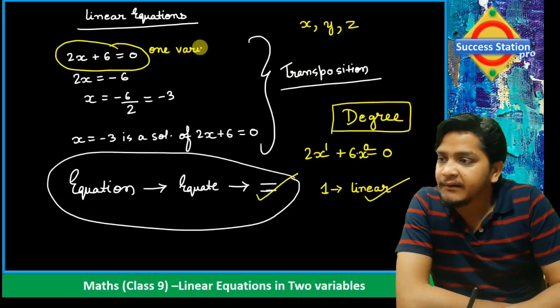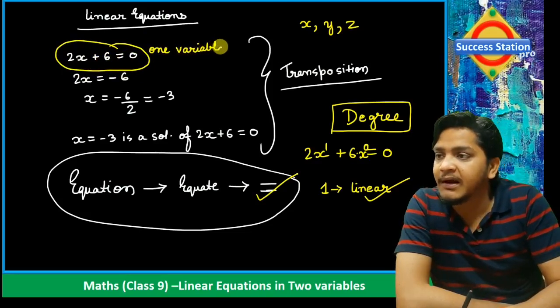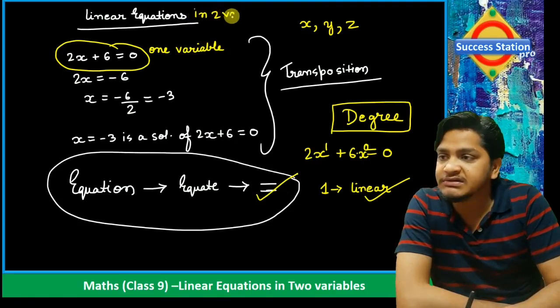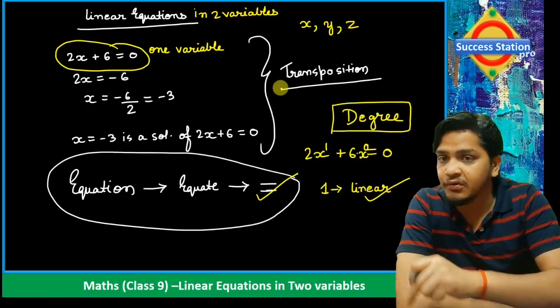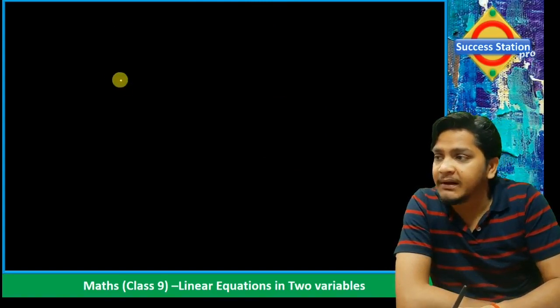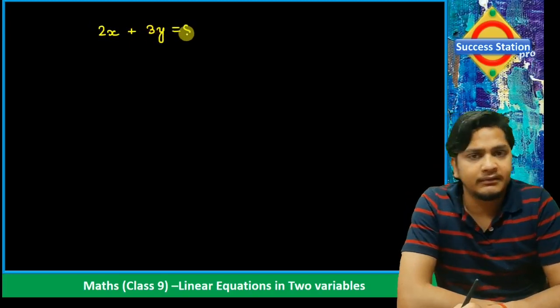Now here we are having a linear equation in two variables. So what will be an example? Like 2x plus 3y equal to 8 or something.